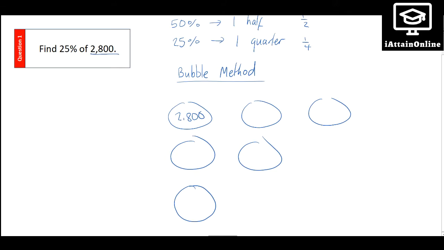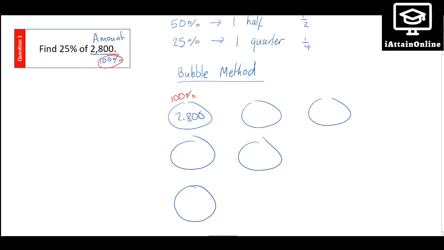This is the amount, and this will always represent 100%. So the amount 2,800 is inside the bubble. I'll do this bit in a different colour, and that 100% goes on the outside. So that tells me that that first bubble is worth 100%.